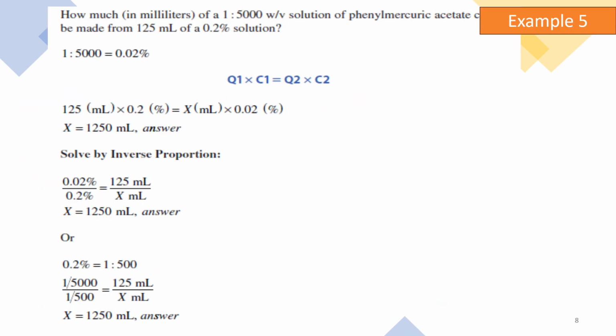This is the same example using the same formula. However, the information is provided in ratio form. So any concentration strength provided in ratio form, you can convert into percentage strength form. And by using the Q1C1 formula again, you get the answer equal to 1,250 ml.